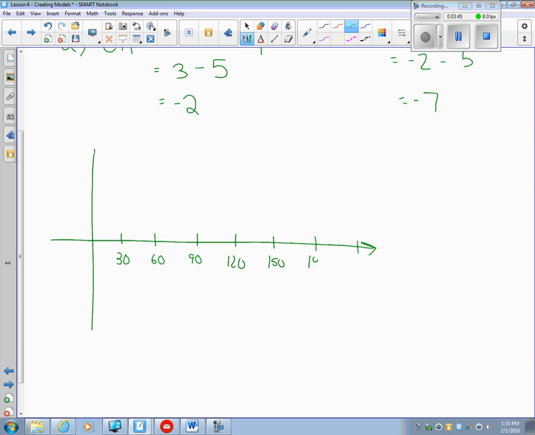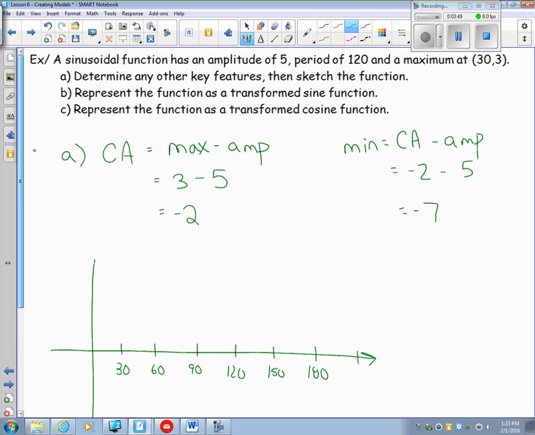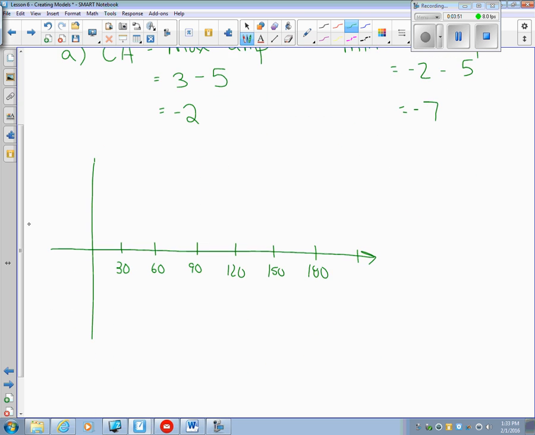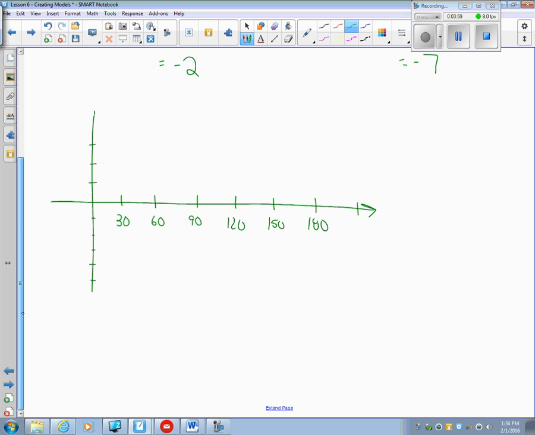My y values, I need to go as high as, we said, a maximum of 3: 1, 2, 3. And a minimum of -7: 1, 2, 4, 5, 6, 7. Let's number these: -2, -4, -6.